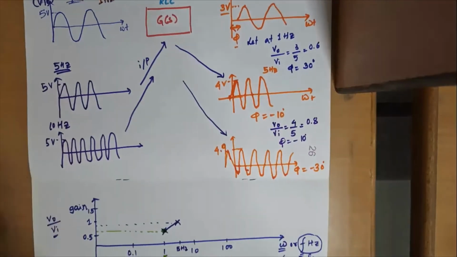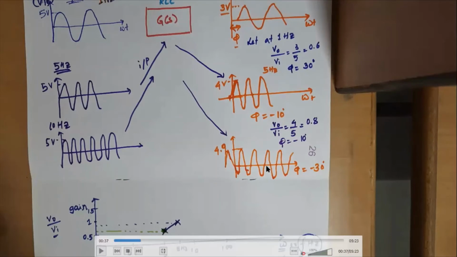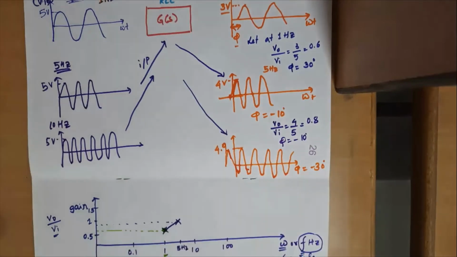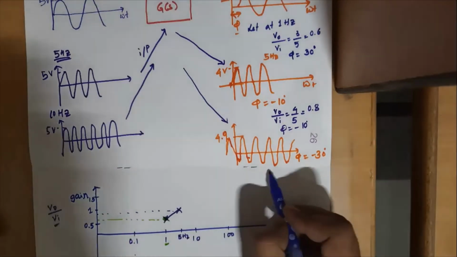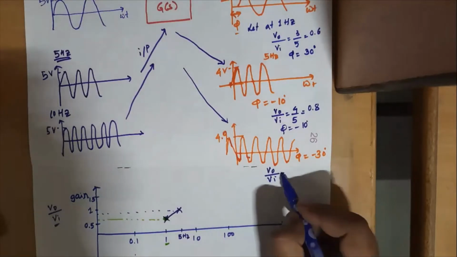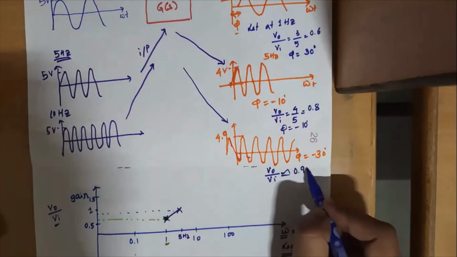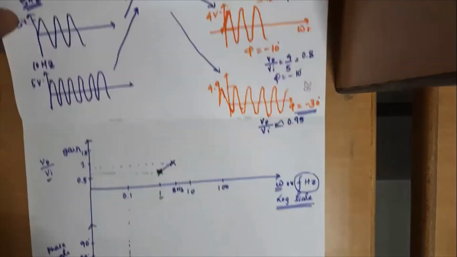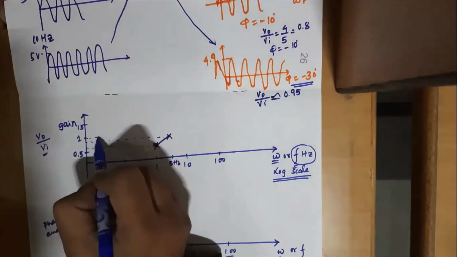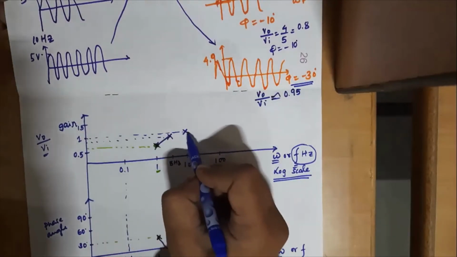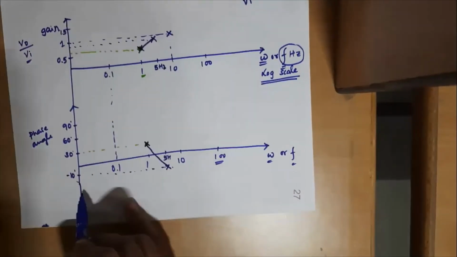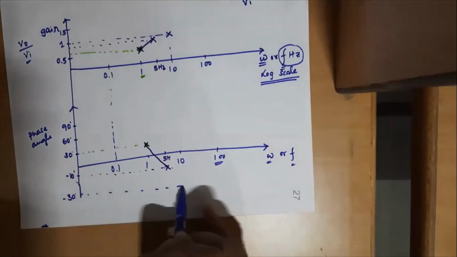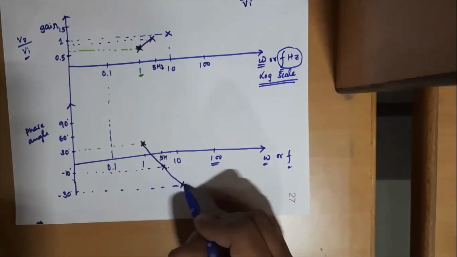Now let me assume the output as 4.9 volts for 10 hertz and a phase angle of minus 30 degrees. So what will be my gain? It is 4.9 by 5, which is approximately 0.95. And the phase angle is minus 30. So let me mark 0.95 at 10 hertz, and similarly mark this on the phase angle.